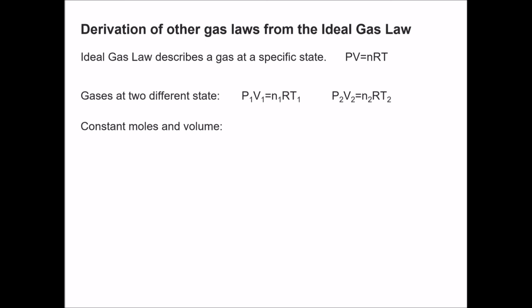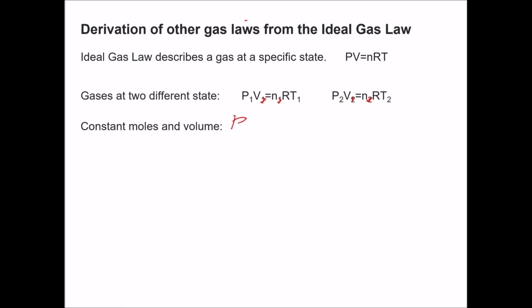Okay, with constant moles and constant volume, so that means my moles will be constant. So I'm going to erase this and erase this. So the subscripts go away because they are constants. I'm going to put the variables all on one side.